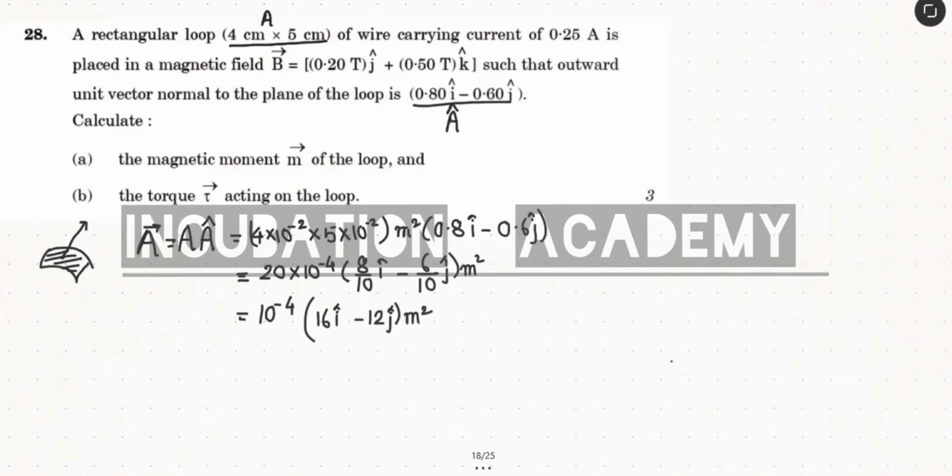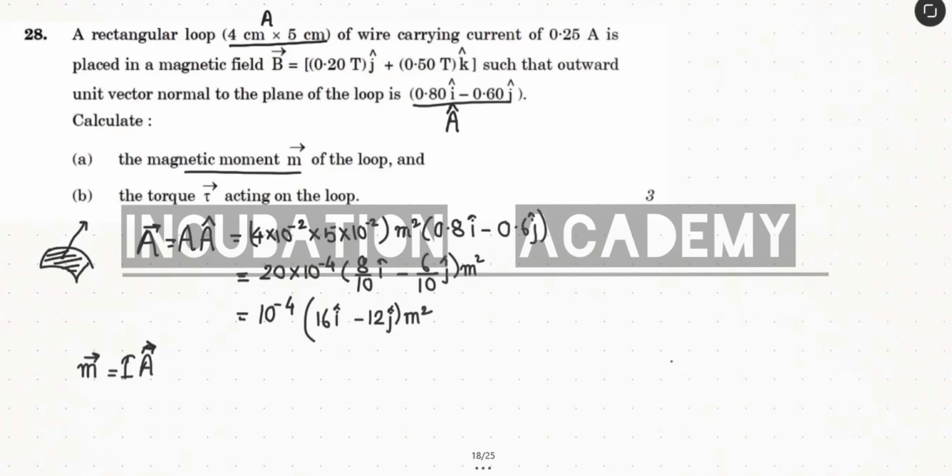Clear? Now the magnetic field is given. What is the magnetic field? That is 0.2 Tesla j cap plus 0.5 Tesla k cap. But at first we have to find the magnetic moment. The magnetic moment vector M is the current I multiplied by the area vector, not the unit vector, the whole area vector.